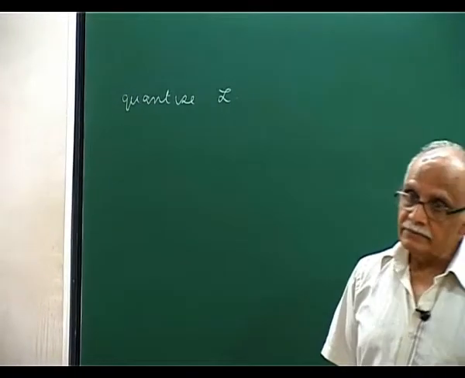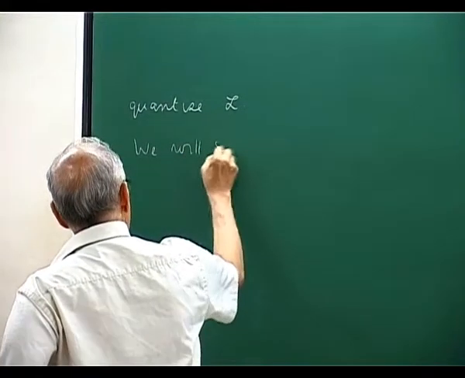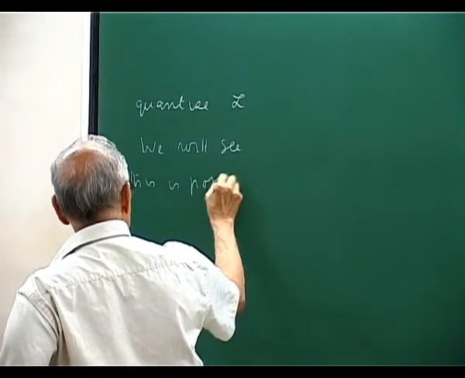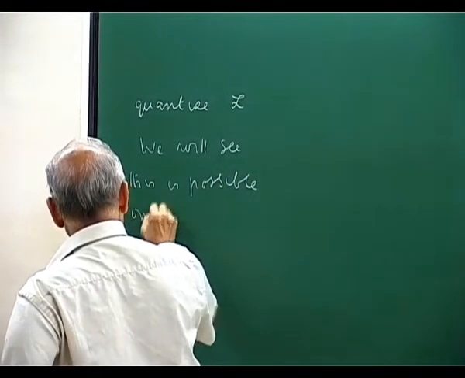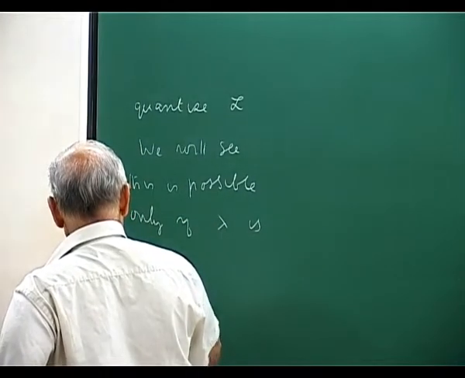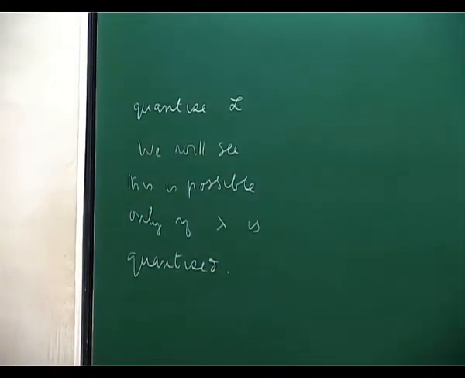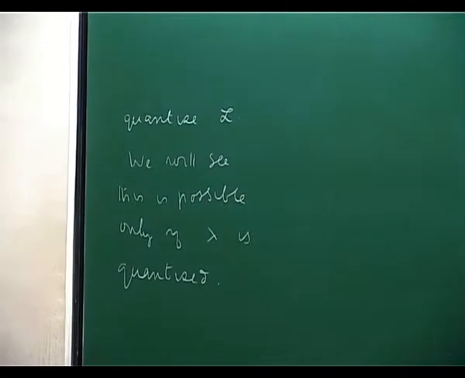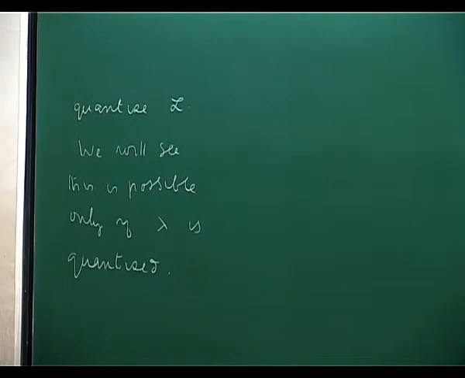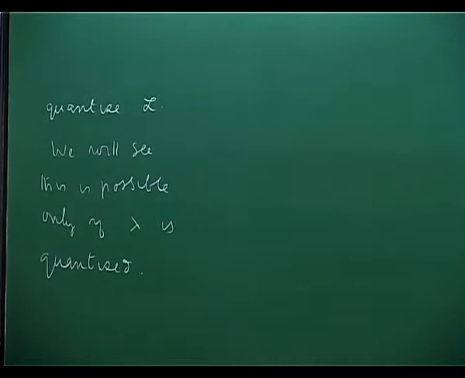And we will see that this is possible only if lambda is quantized. So this is the first instance where the classical Lagrangian admits quantization only if some parameters which come there are also quantized.